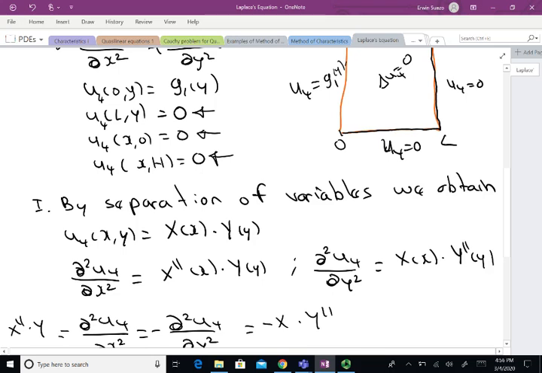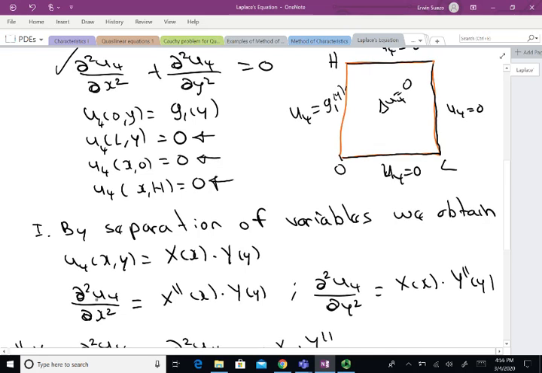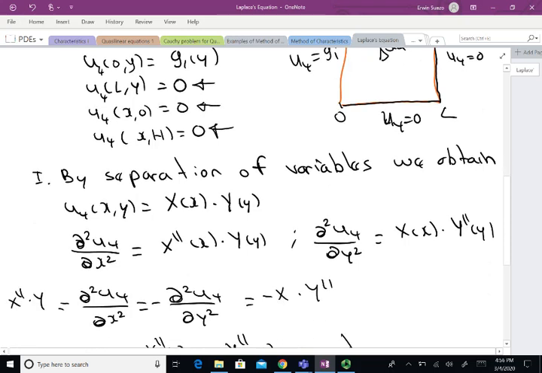We look for a solution of the form X of x times Y of y. Once you start replacing in the equation, the second derivative with respect to x is just X double prime of x times Y of y, and the second derivative of u4 with respect to y is just X times Y double prime.